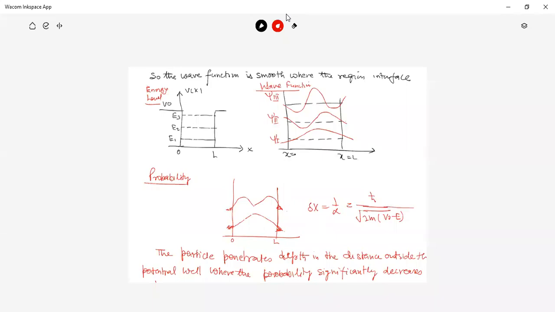The penetration depth delta x is proportional to h cross, the Planck constant.